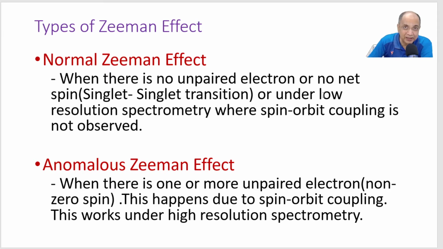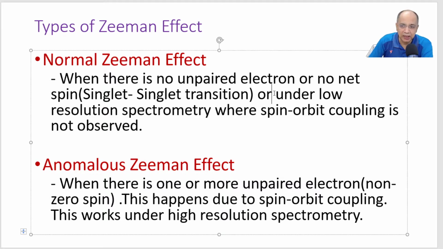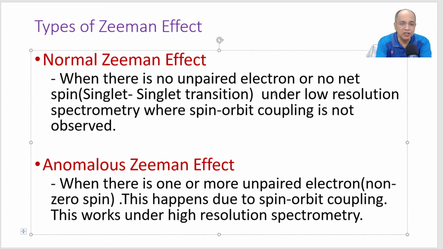More correctly, if the atom doesn't have any unpaired electron, no resultant spin, no net spin, that is called a singlet to singlet transition. Don't worry, we'll talk about that. Or under low resolution spectrometry. And that happens in fact at, you can write down, under low resolution spectrometry.